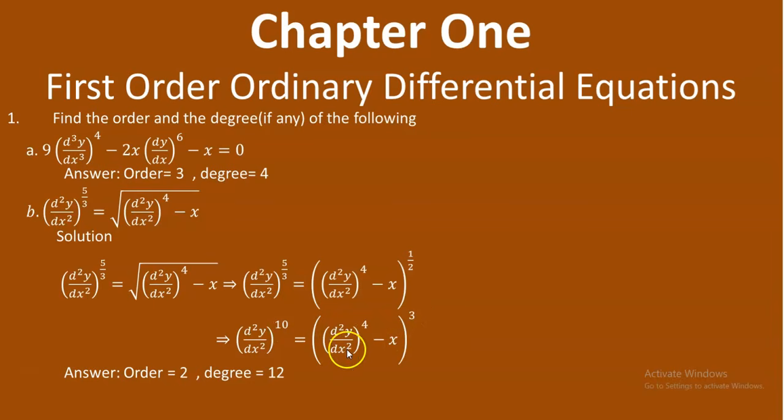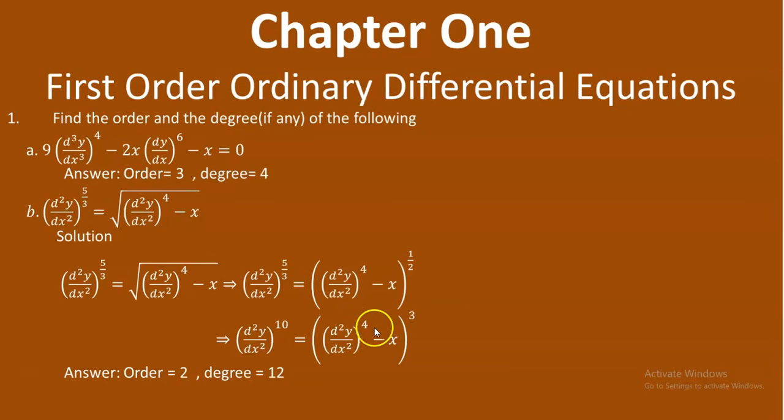As can be shown here, this binomial expression must be multiplied 3 times. And as you multiply it 3 times, 4 comes, and 3 times 4 is 12. So when you leave the rest, the term with the highest derivative, or the highest order, is this one, students, with exponent 12.